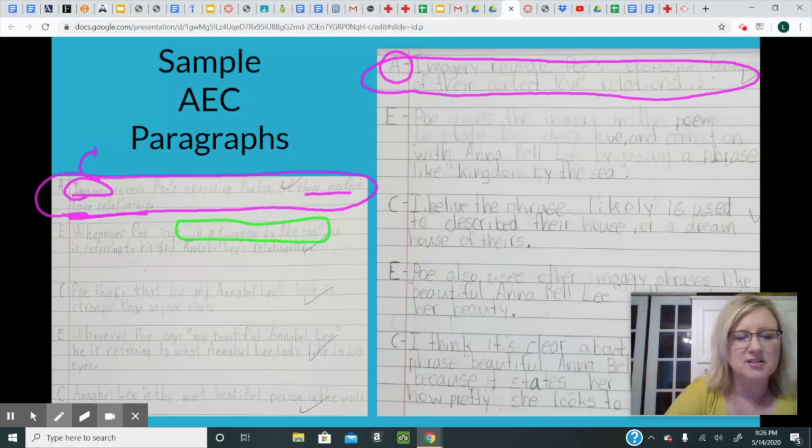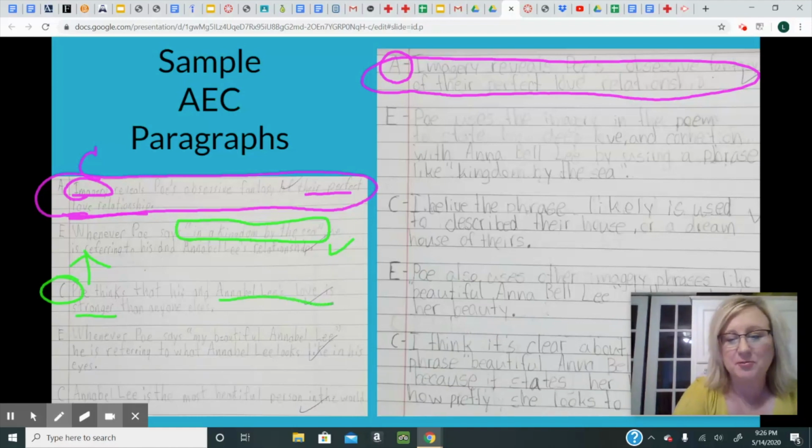So whenever Poe says Kingdom by the Sea, there's his evidence from the text, Kingdom by the Sea. Well, here's the commentary that's supposed to support that. So the Kingdom by the Sea, he thinks their love is stronger than anybody else's. And the explanation that we received here is they felt that a kingdom was something that was very strong.